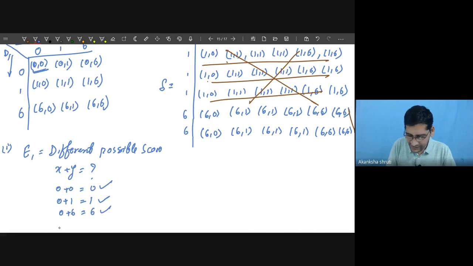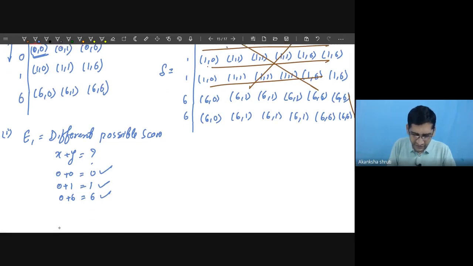It can be 6. Okay, student. The next one, I shall take 1 plus 0 as 1. Is this score from 1 and 0 different from this one? No, it is same as this one. So we shall not again take this one because different score is asked. The total sum needs to be different. Okay, now student.